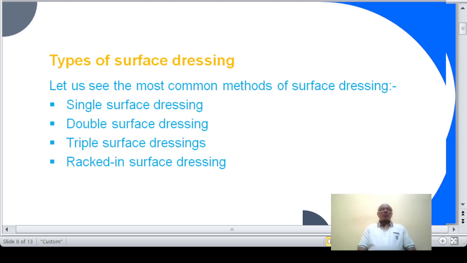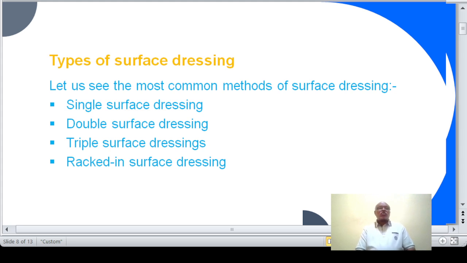Such cleaning is sometimes difficult to achieve, and the early application of the second seal to prevent such contamination may give a better result. Sand may sometimes be used as an alternative to chipping for the second dressing.